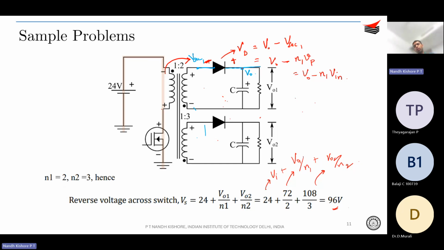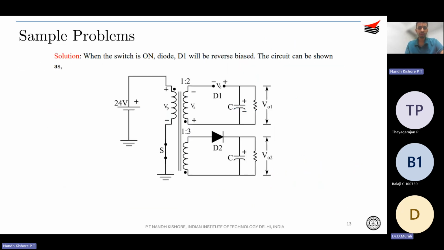So this is your voltage across the diode. Since the dot polarity is opposite, you will of course write V0 plus, correct? Because the dot polarity is opposite over here. Okay, so V0 plus N1 into Vp, or V0 plus N1 into V in. Okay, so this is what is done over here as well.